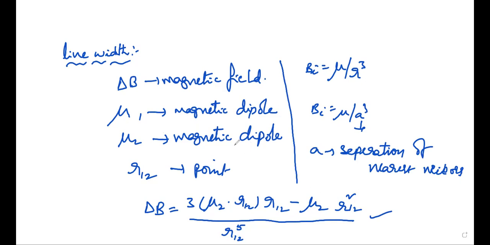So this result gives the measurement of the width of the spin resonance line.